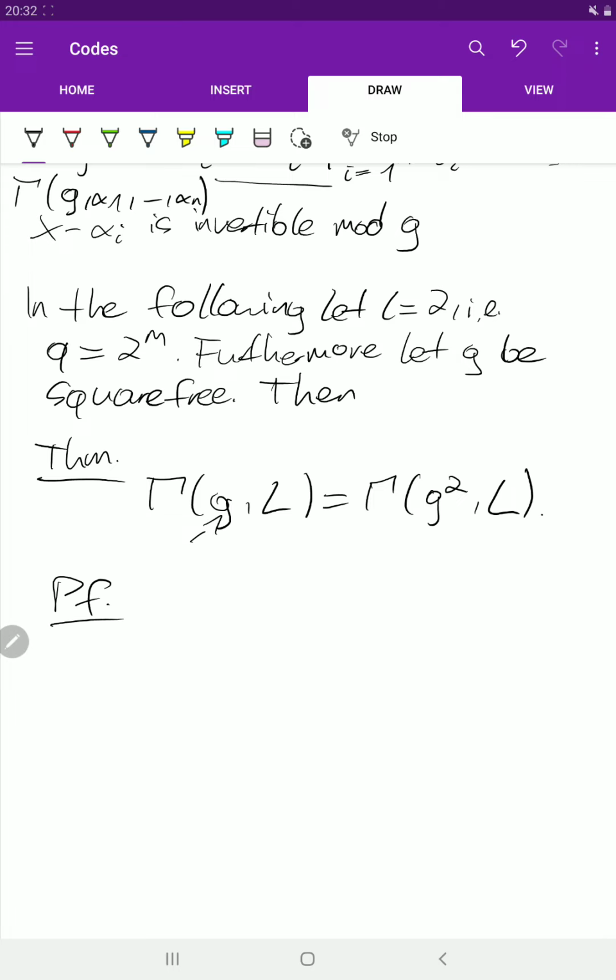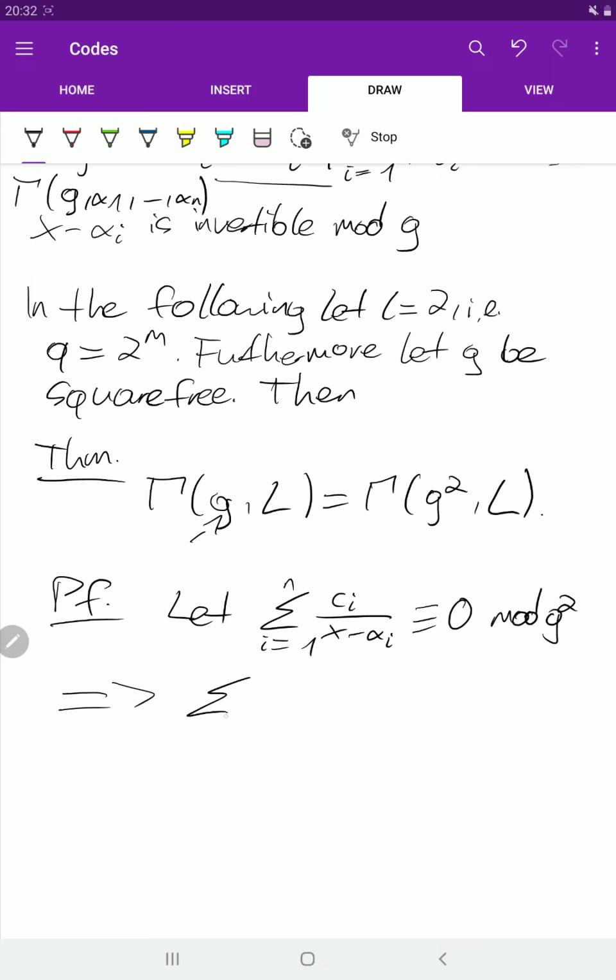One direction is easy, so let's prove the first inclusion. Let's say we have a codeword c, and then we look at the sum over the c_i divided by x minus alpha_i, and we assume that this is 0 modulo g squared, and then it's also 0 modulo g. This is immediate, so there's not much to do.